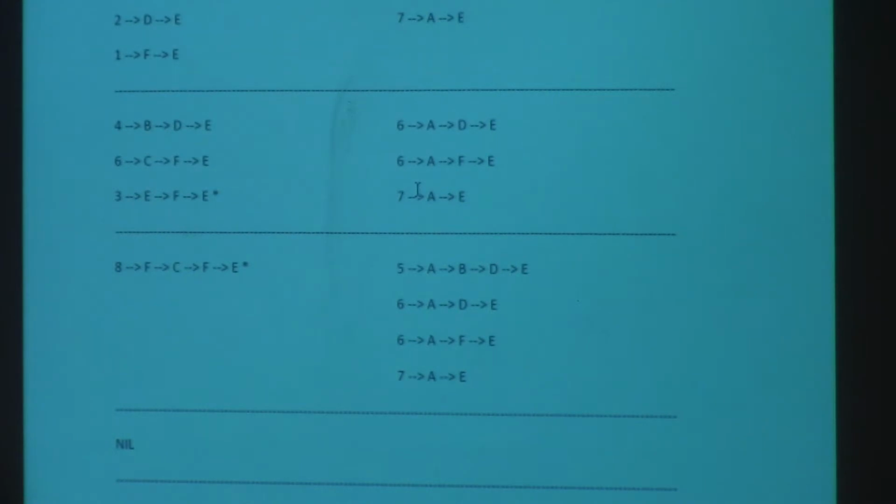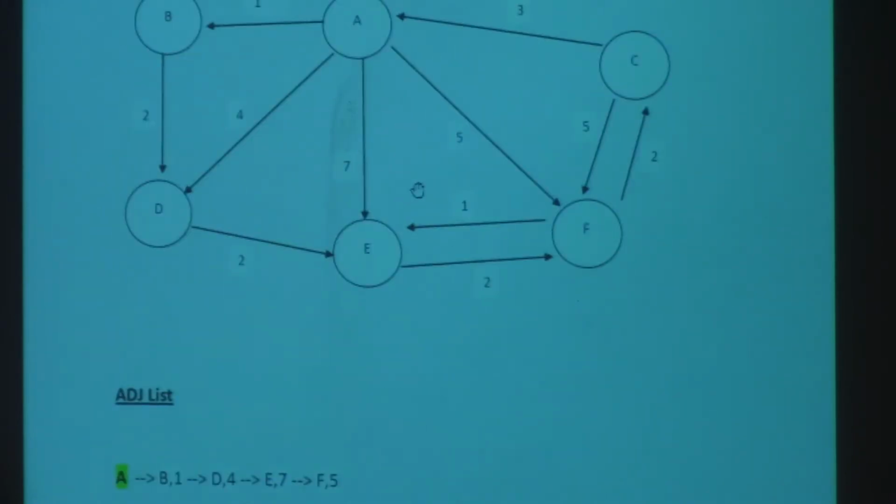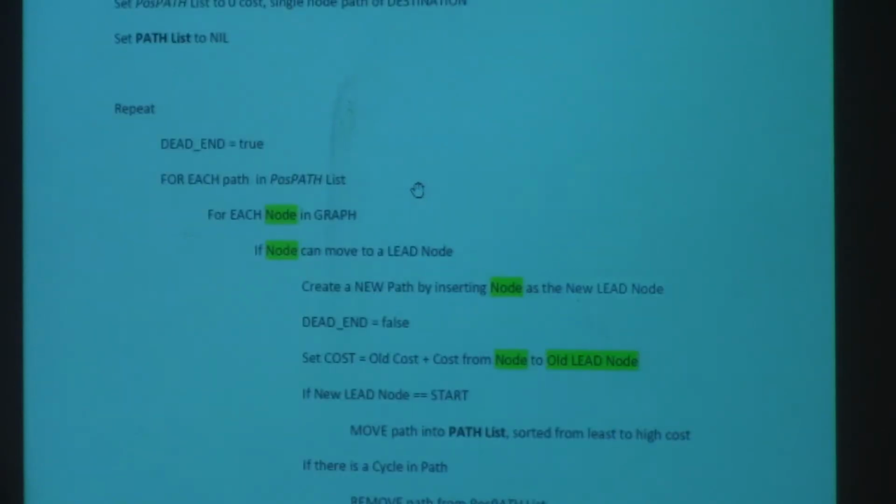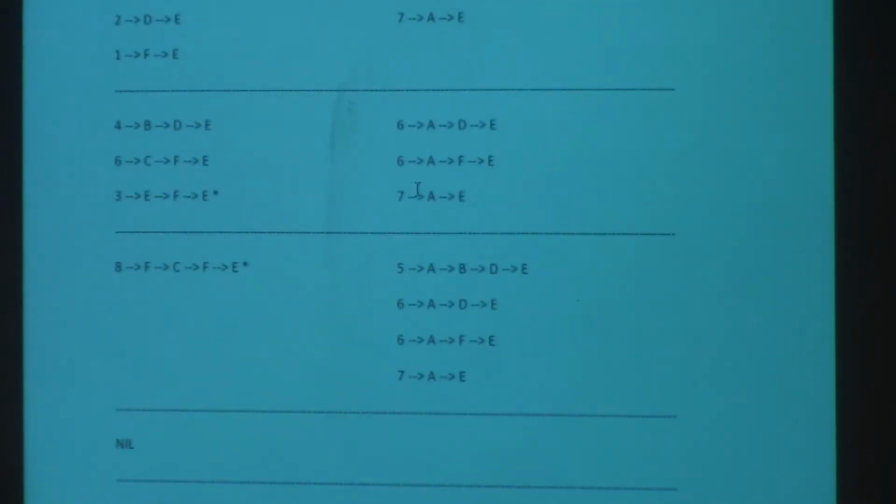Now you understand that if I had, for example, changed the graph, notice that A to E was a very expensive path, but it was very fast, right? Only one edge. I could have made the cost of this, for example, 4. If I made the cost of this 4, what would happen here? Then this would be 4. But everything else would still flow the same way.